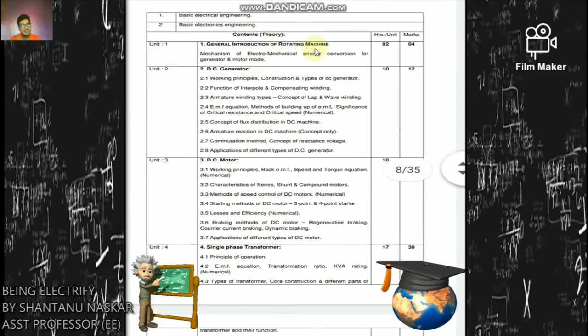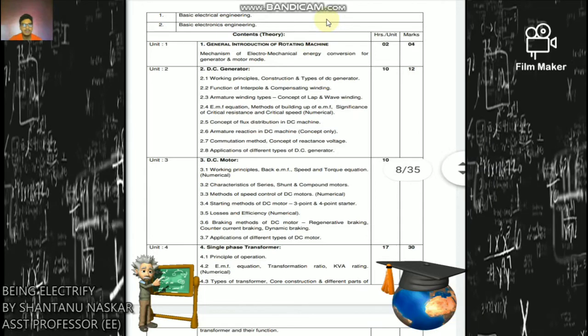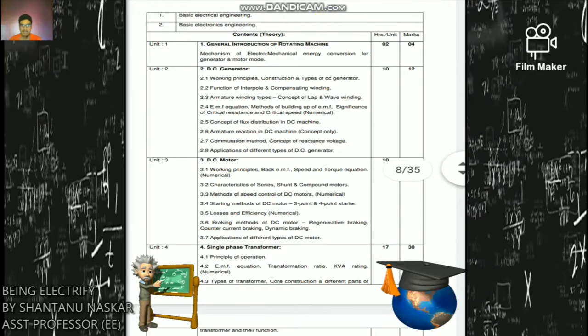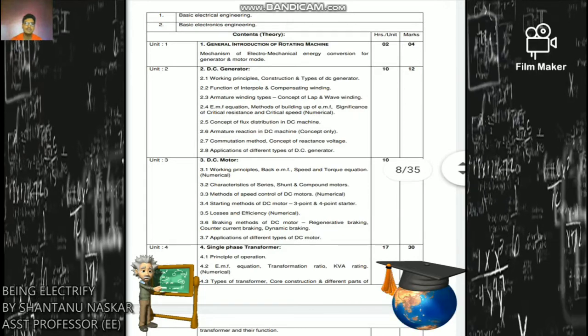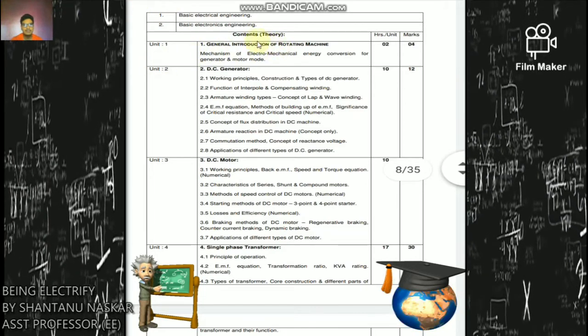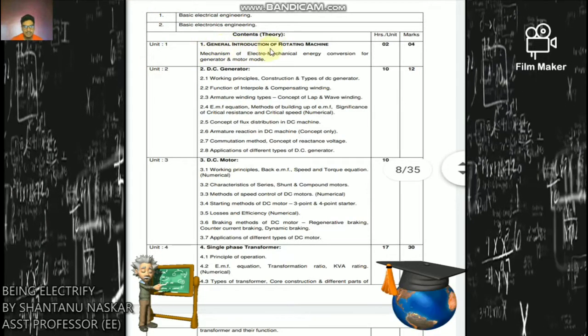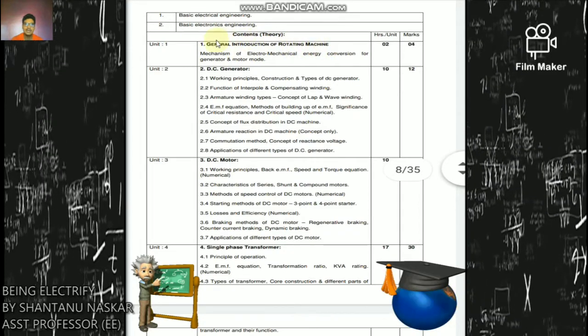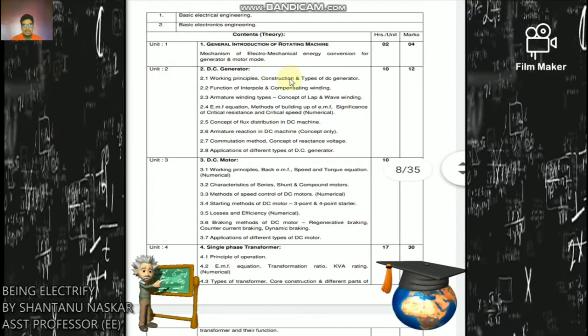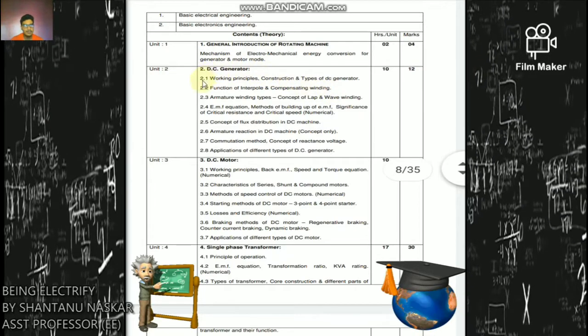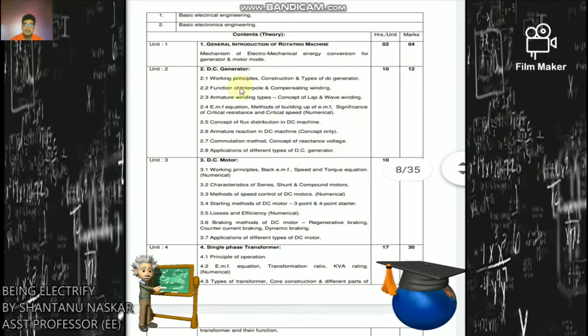First of all, we will discuss the syllabus of your course. Your syllabus name is Electrical Machine 1, course code EES3EM1. EM1 means Electrical Machine 1. Unit 1, general introduction for rotating machines, I have already covered, and unit 2, DC generator, and DC motor I have also covered in my previous lectures.